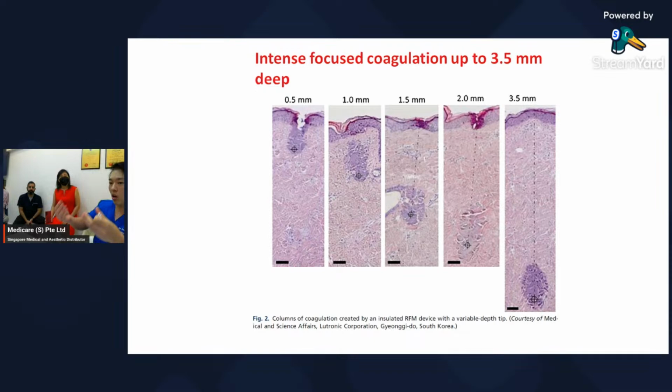In the short run, you get a wound healing response with increased inflammatory cells. The skin then remodels the collagen and deposits new collagen. This process takes place over the next 4 to 8 weeks. So you can see some immediate lifting, but the full result takes about 1 to 2 months to be seen.